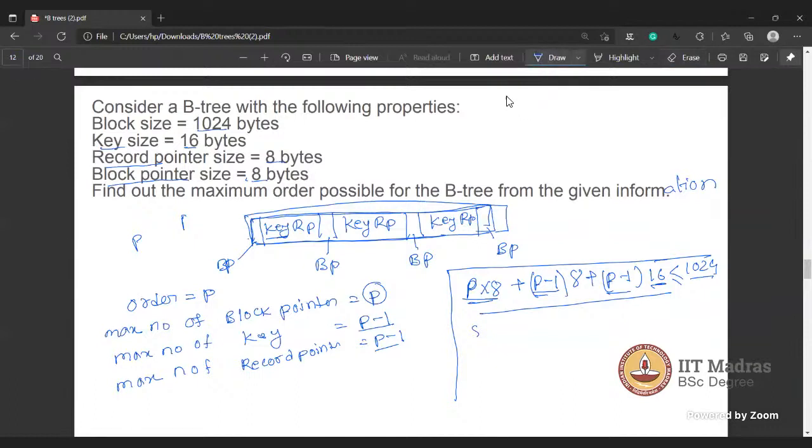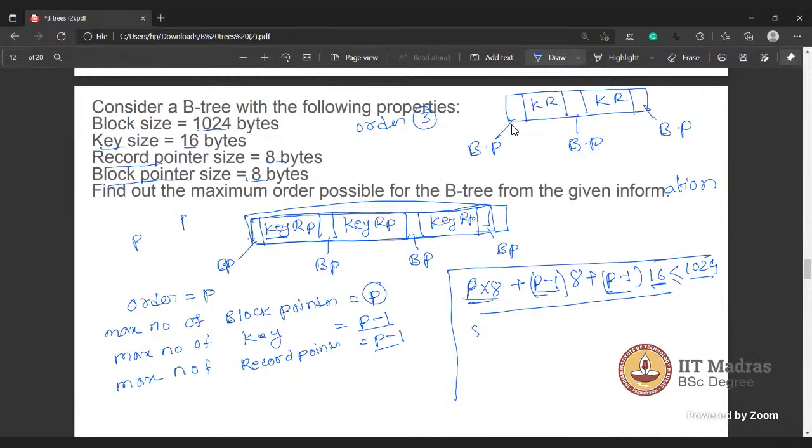Suppose order is 3. Order 3 means the maximum number of keys possible is 2. So key, then record pointers, then one block pointer, then key, record pointers. So this is a block pointer, this is also a block pointer, and this also a block pointer.